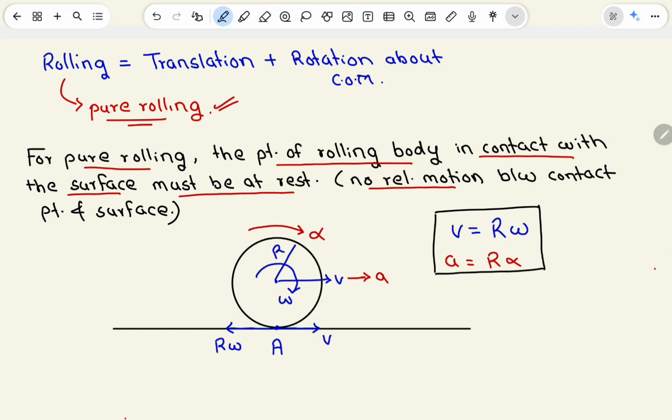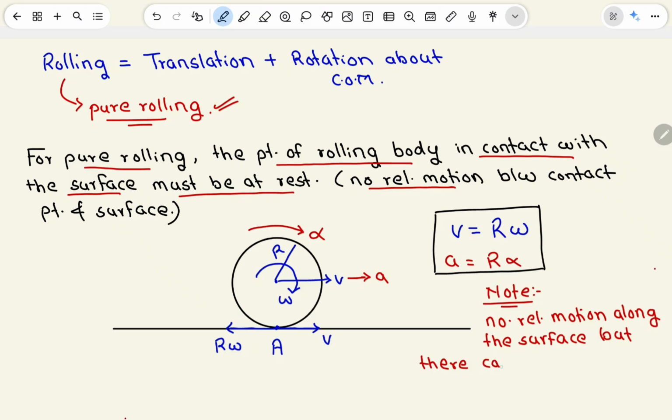Now, an important point to note about rolling motion is that I'll write down the note over here. There is no relative motion along the surface, but there can be relative motion perpendicular to the surface.